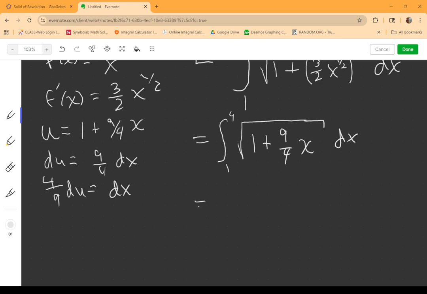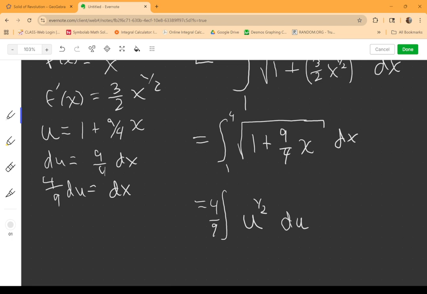So far, this whole quantity is my u, so we get root u, or u to the 1/2. And my dx gets replaced by 4/9 du. I'll just throw the 4/9 outside the integral since it is a constant.